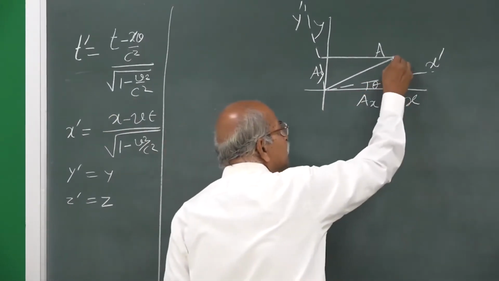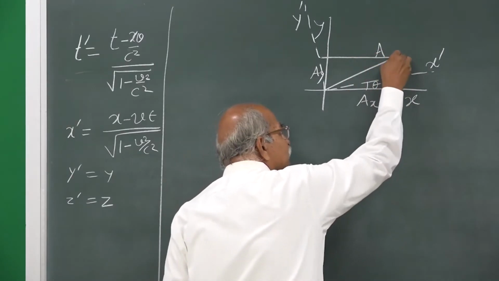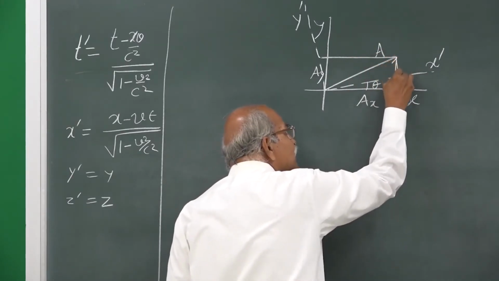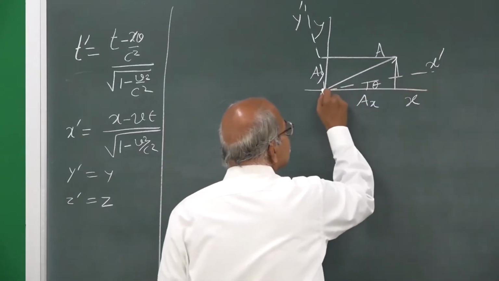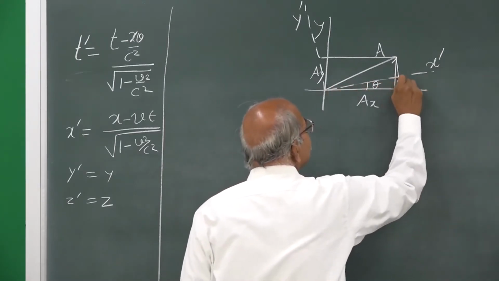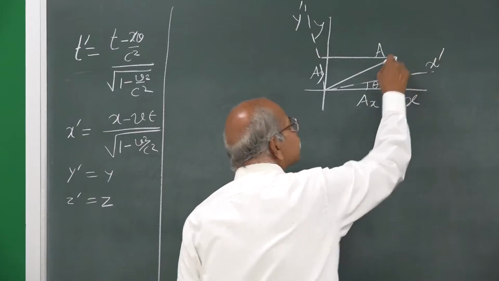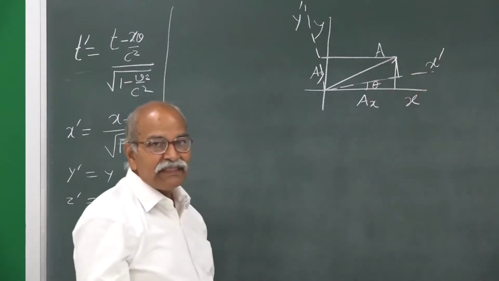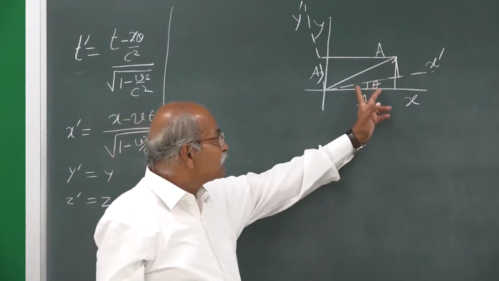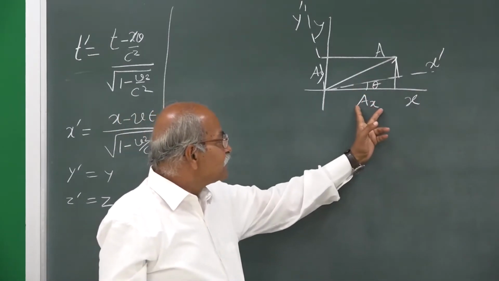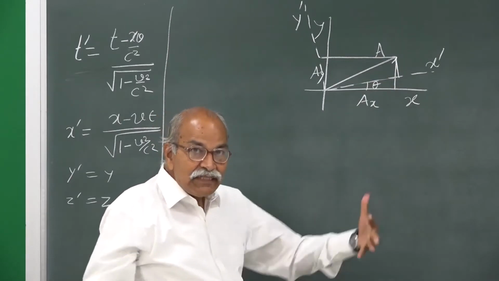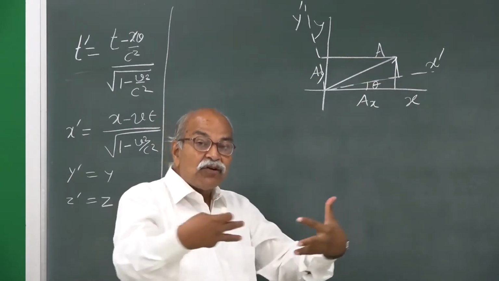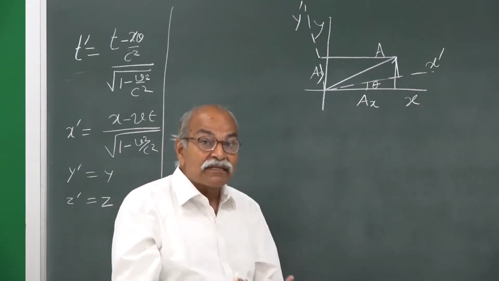Then you have the same vector, but the components are now different. Now, components are different, this is x axis. So, this becomes the x component and this becomes the y component. And if you write this component a x in terms of a x prime and a y prime, you see that the two x and y components will get mixed up.